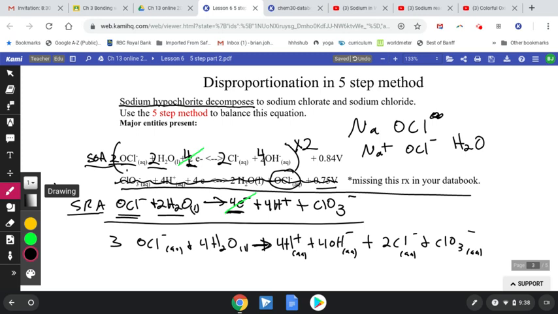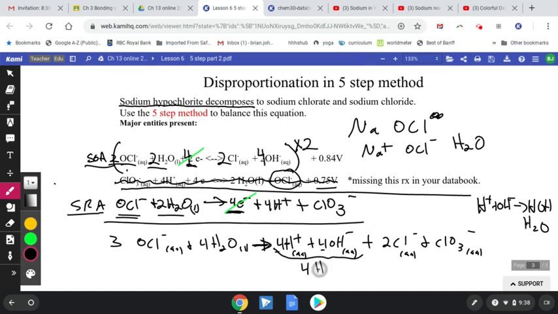Now, is there anything we can do to simplify this? Anything we could add together? You probably don't see it yet, but you will as we do more of these. H plus and OH minus makes water. H plus and OH minus adds together to make HOH or H2O. So we have 4 H pluses, 4 OH minuses.